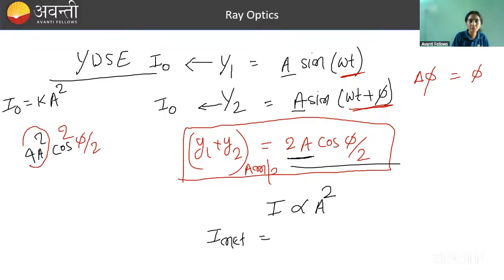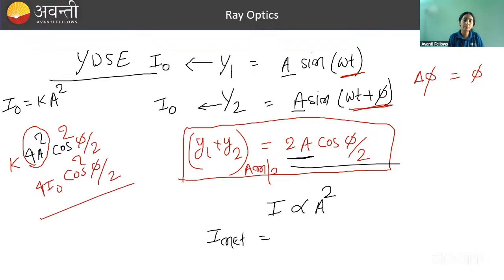And 4a square को आप क्या लिख सकते हो? 4I naught, because a square is directly proportional to I naught. So intensity of resultant wave can be written as k into amplitude of resultant wave का square. So 4I naught cos square phi by 2. Done it? So if the phase difference is 0, then maximum intensity will be 4I naught. So I net को आप कैसे लिखते हो? 4I naught cos square phi by 2, where I naught is what?